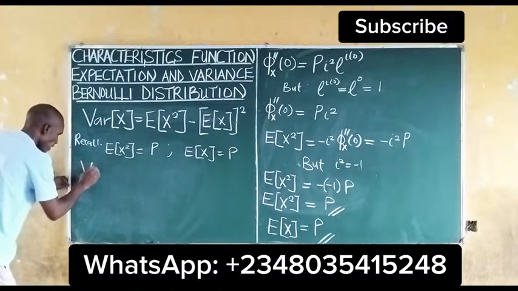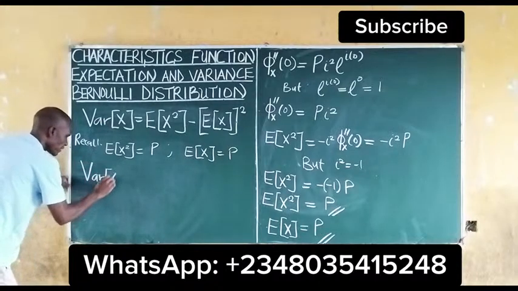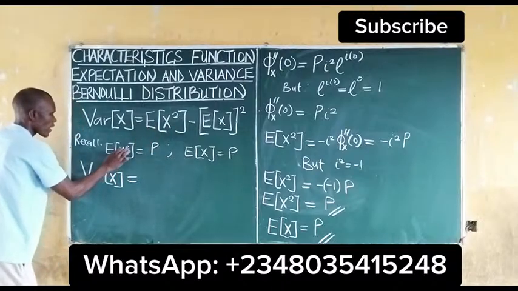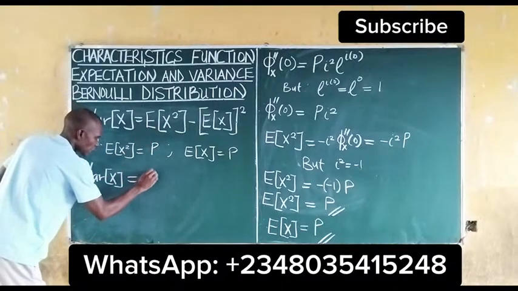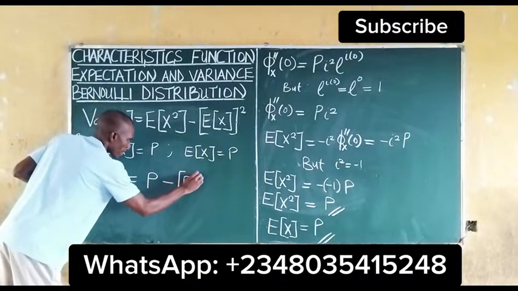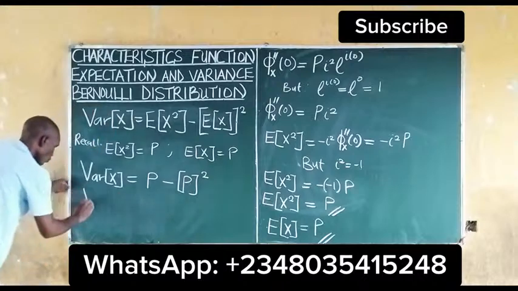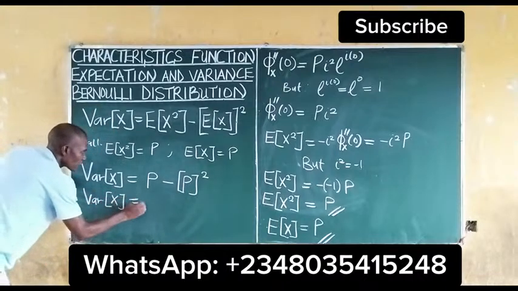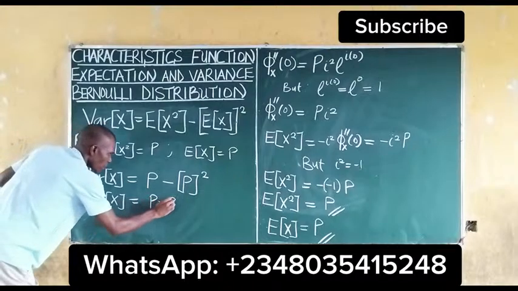Now, our variance can be written as p minus p all squared. So our variance is equal to p minus p squared.